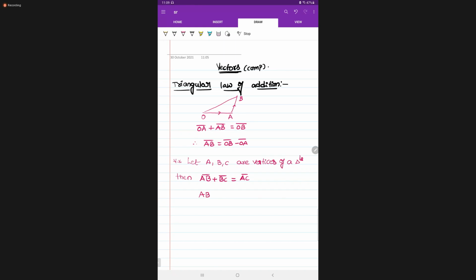So AB bar plus BC bar minus AC bar is equal to 0 bar. Minus AC bar can be written as CA bar, so AB bar plus BC bar plus CA bar is equal to 0, if we take in an order.